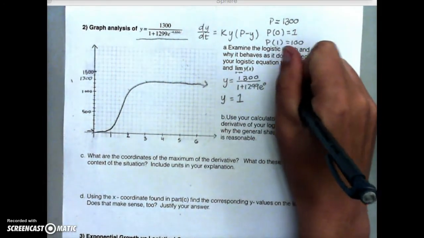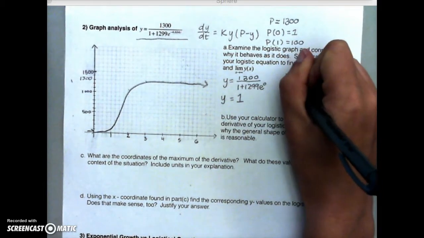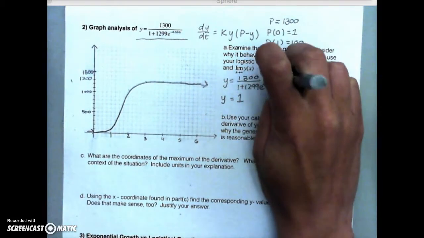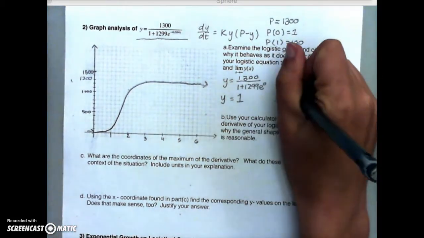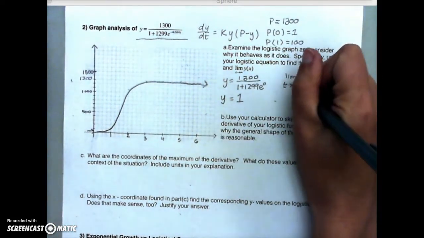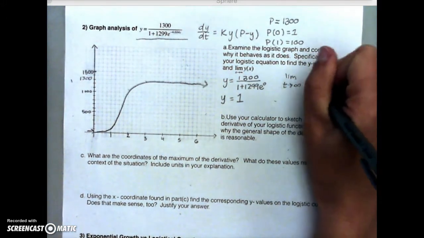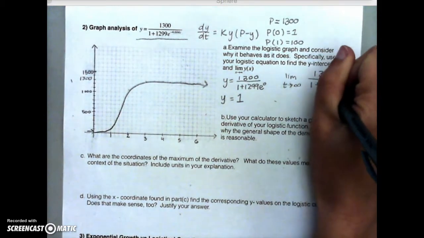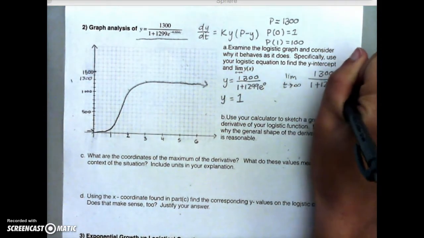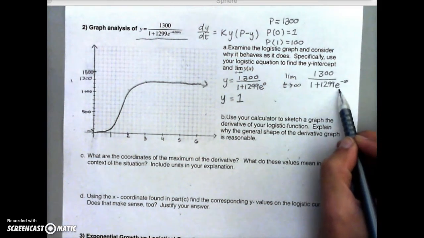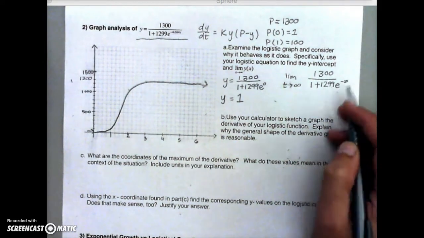And then we're going to look at the limit as t approaches infinity. Or sorry, this should be t, as time is going to infinity. What is our curve doing? And what's happening here? 1 plus 1299 e to the negative infinity. E to the negative infinity has a limit equal to 0.